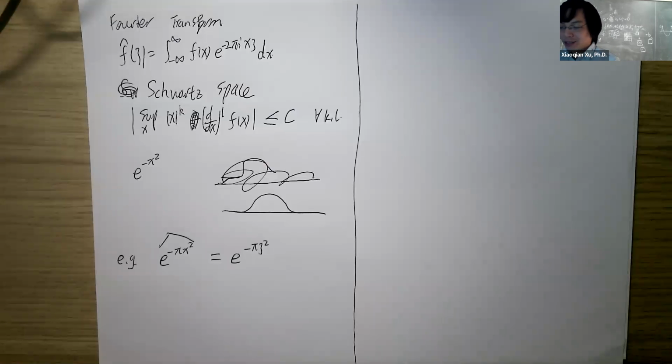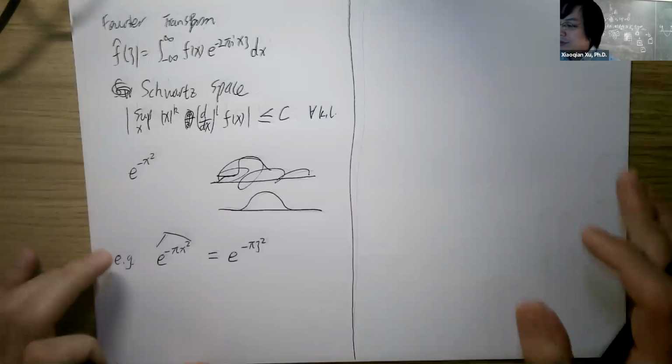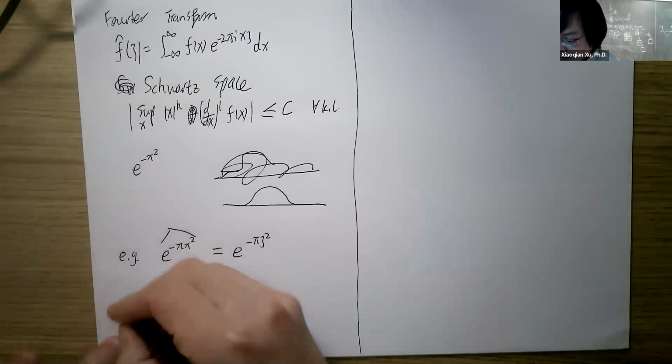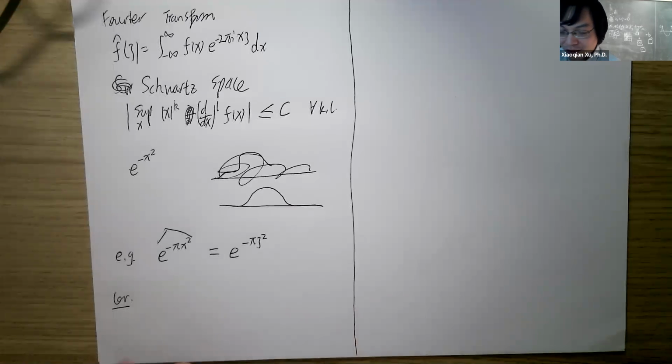Before that, let me say a little bit more about these examples, which can be seen as a corollary. When you do a dilation of the Gaussian, the Fourier transform still looks similar to a Gaussian.